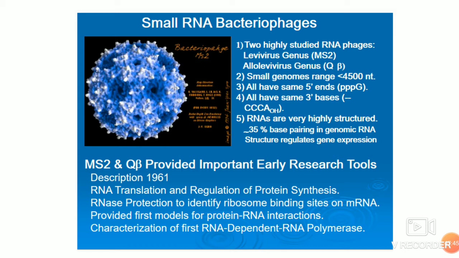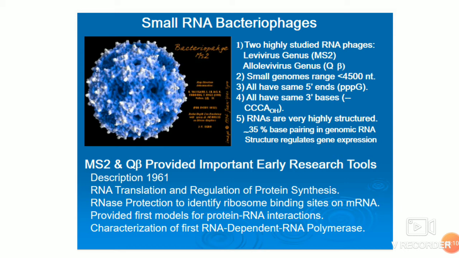This study started in 1961, and it gave many important understandings, like how RNA translation is done and what the regulation of protein synthesis is. Like in vitro, you can take this RNA and put in the host synthesis machinery, and you can get many proteins synthesized.